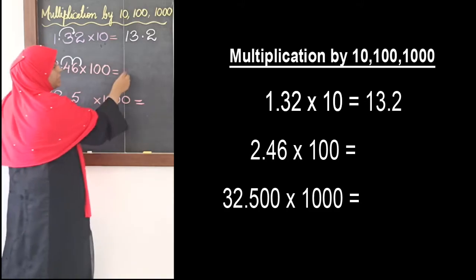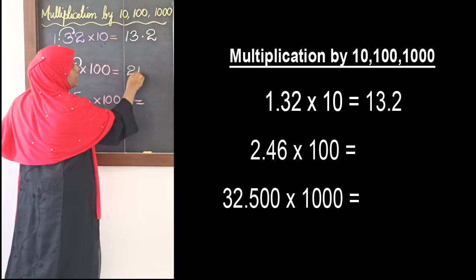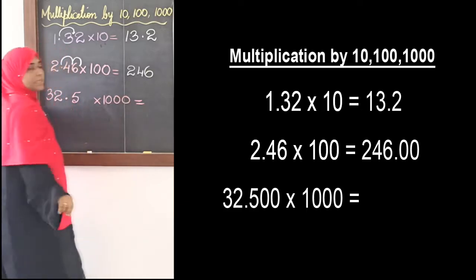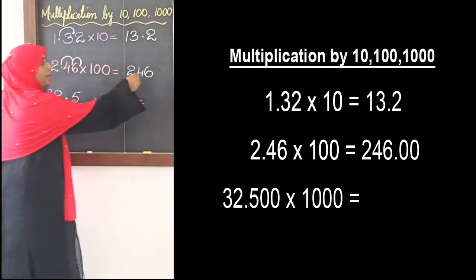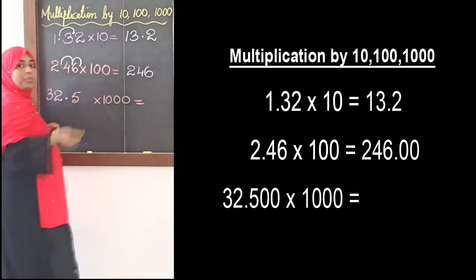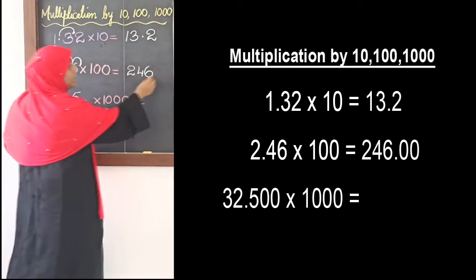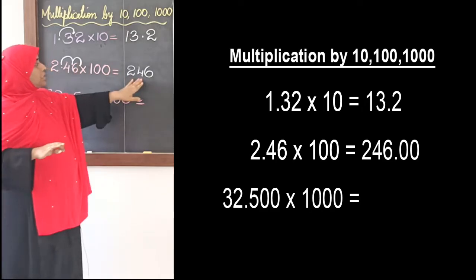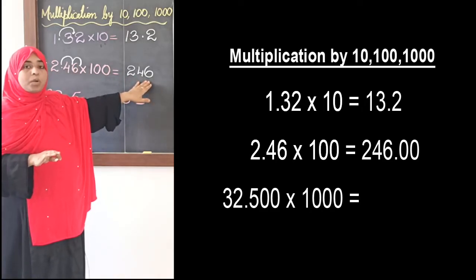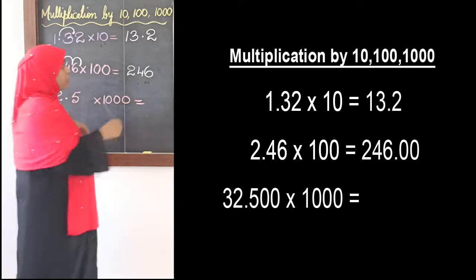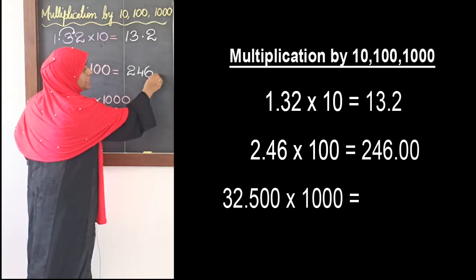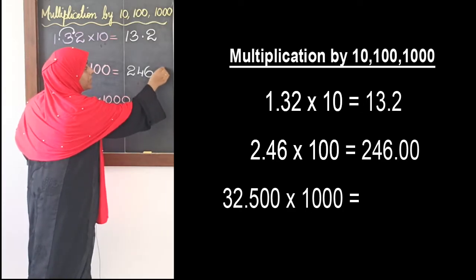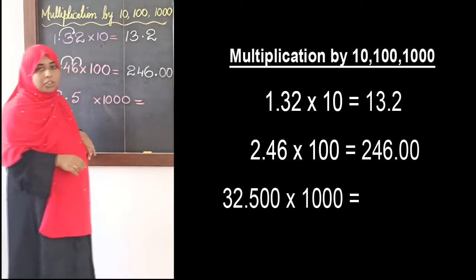So, the answer that we get will be 246. Point, then after putting the decimal point, we can add as many zeros as we want. The value does not change. But since it is a whole number, we can simply write it as 246. The decimal point is here after 6. And then if you want, we can add zeros, the value will not change.